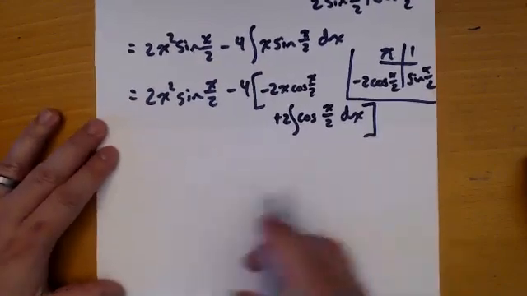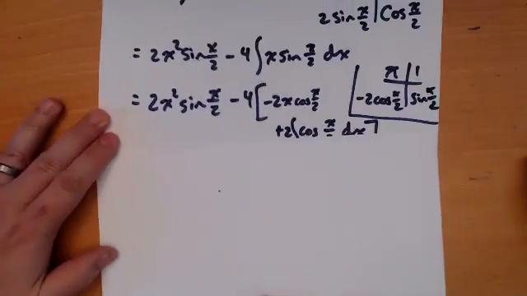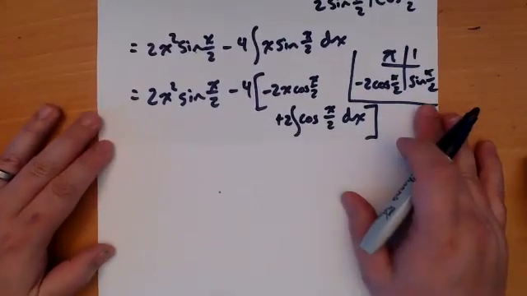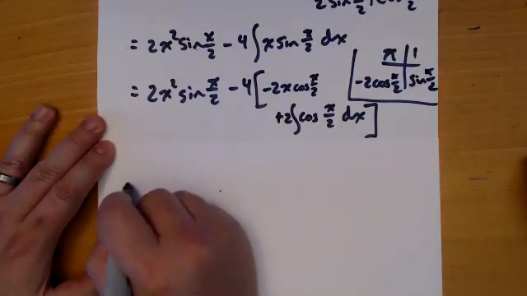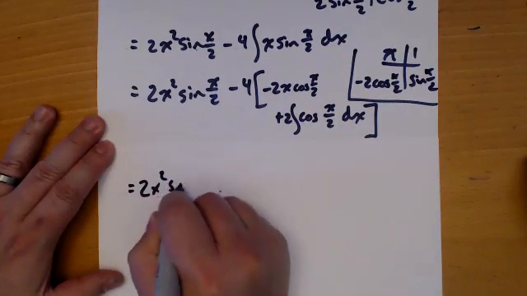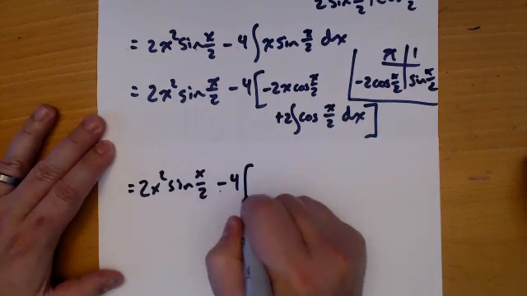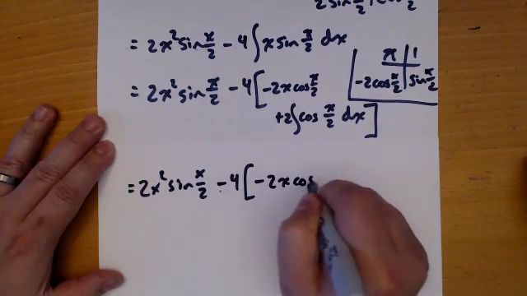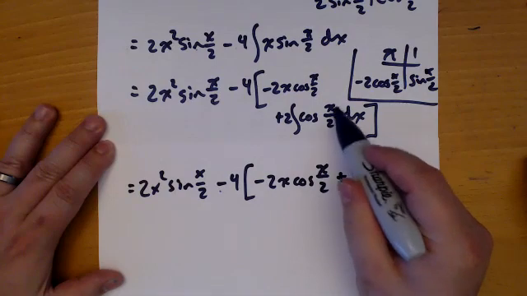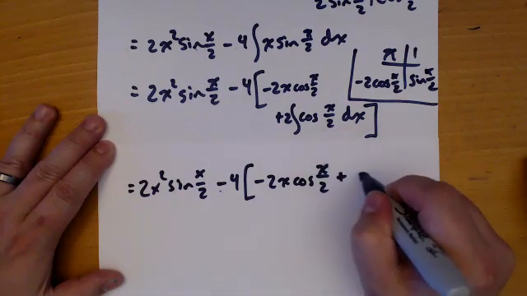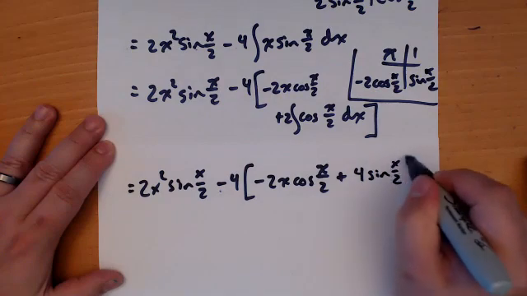Just do it at the end. It'll look messy, but rather than doing it in the middle steps, you'll only have one. If you have to do it in layers, do it in layers. And the integral of cosine of x over 2 is 2 sine of x over 2.